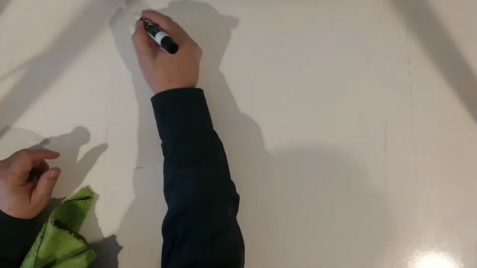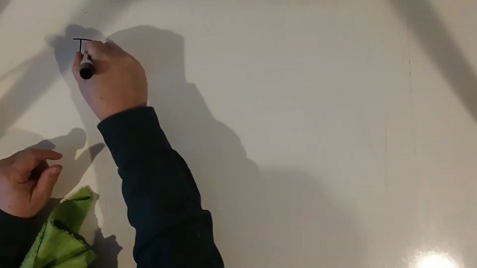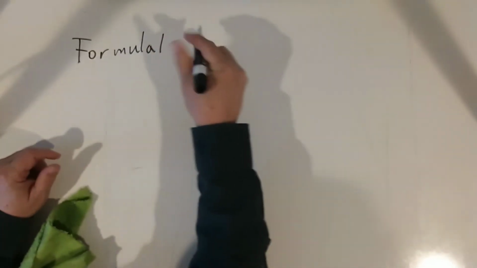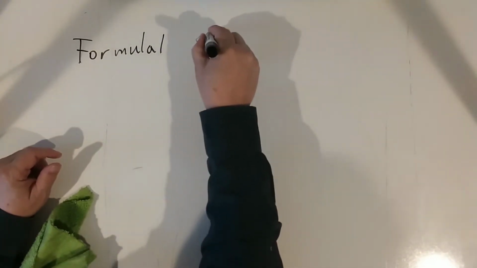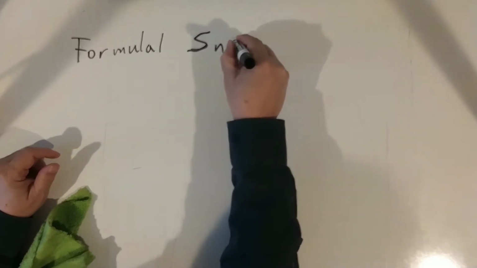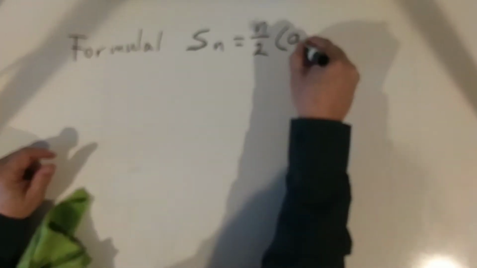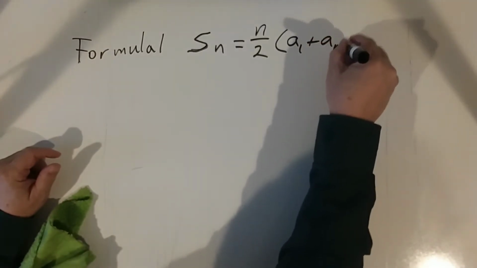So we'll write that as Formula 1. The sum of a sequence is equal to n divided by 2 times the first term plus the last term.